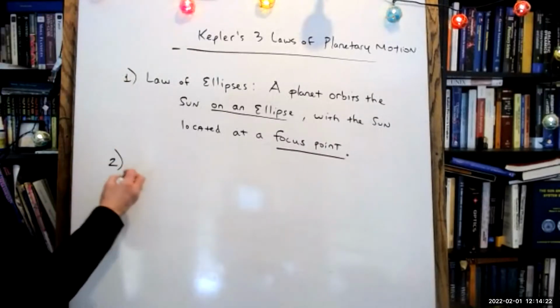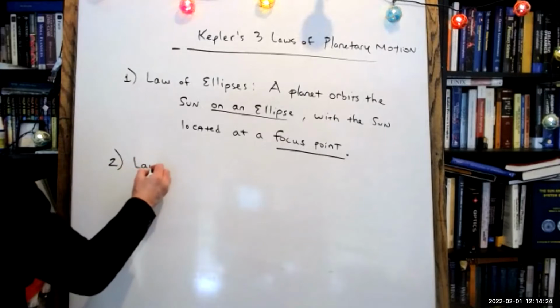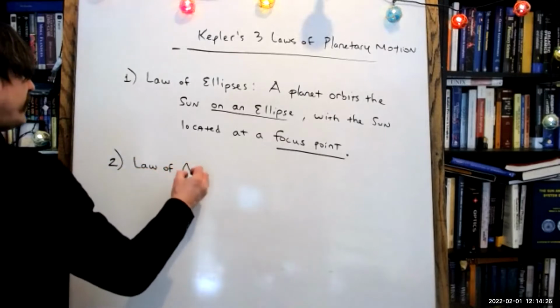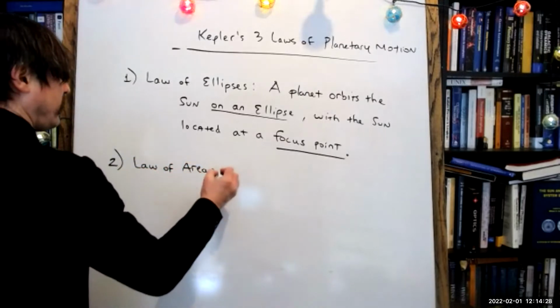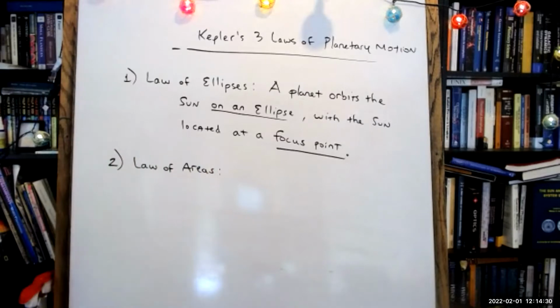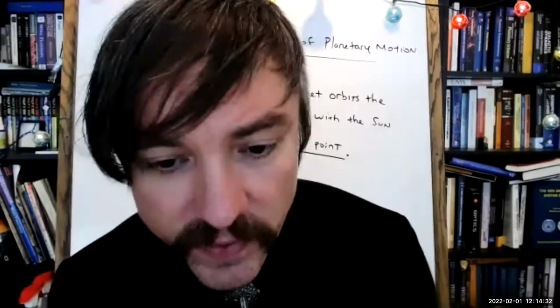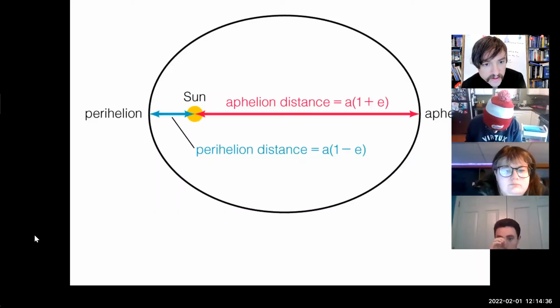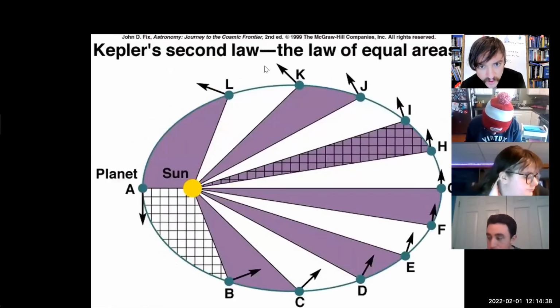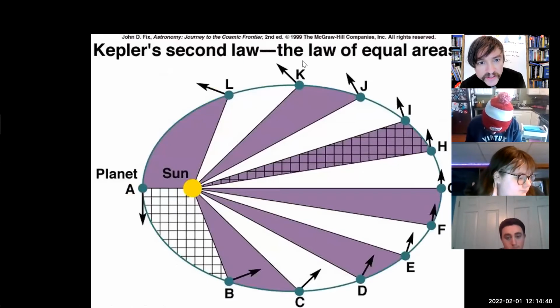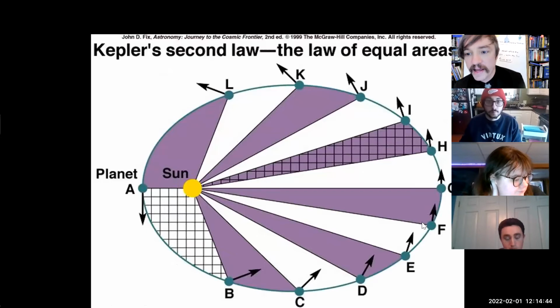Okay, the second law is called the law of equal areas, or the law of areas. To understand what's going on here, I'd like to show you this slide, where Kepler was trying to understand something about how a planet orbits the sun with time.